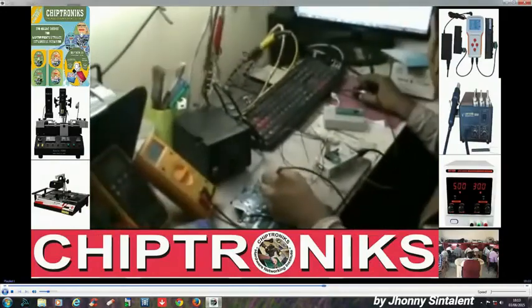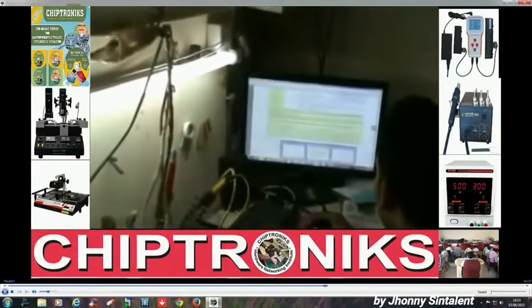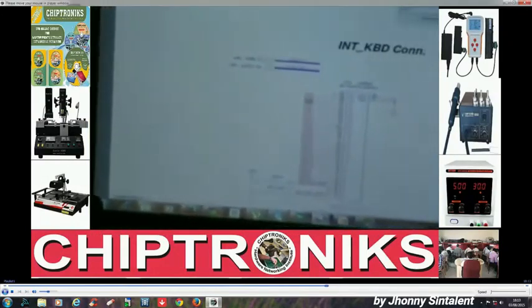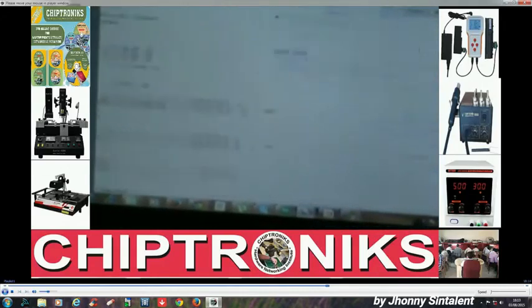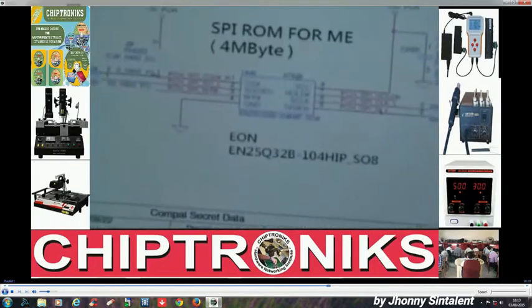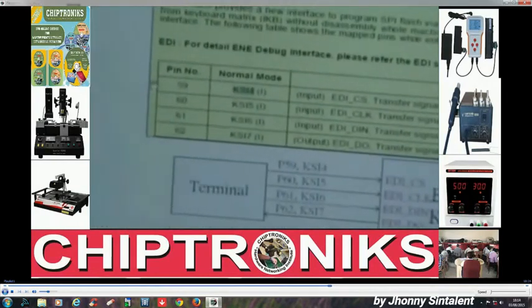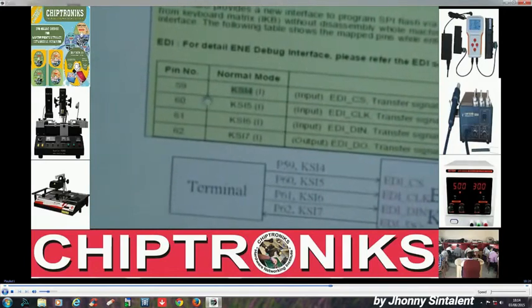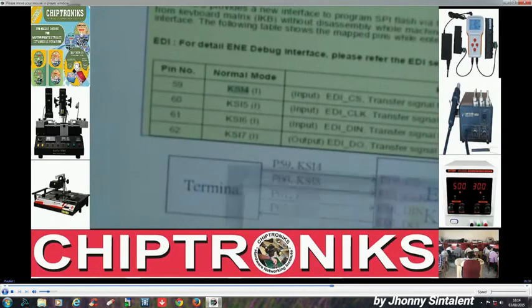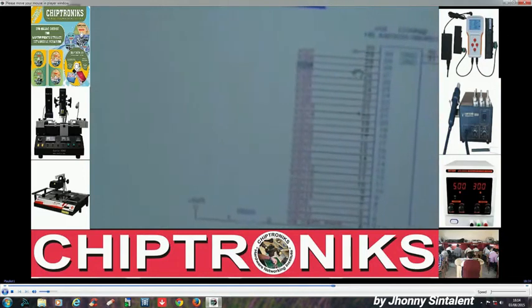And what is pin number 59? This is chip select. And where is chip select? We'll go back to page number 13. Chip select is at pin number 1. So that means pin 59 of the IO controller is KSI4, which is present at pin number 27.